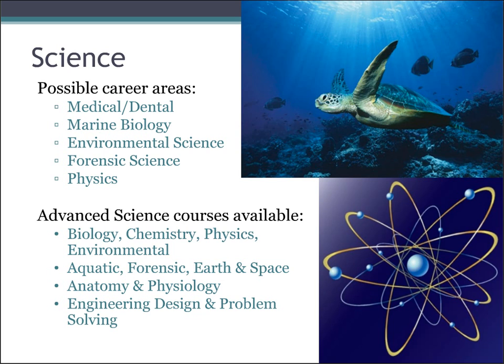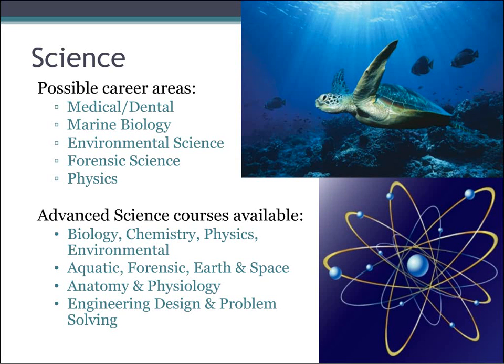Some of the advanced science courses that are available if you're interested in getting that 4th science credit: you can take biology, chemistry, physics, environmental science, aquatic science, forensic science, earth and space, anatomy and physiology, engineering design, and problem solving. So remember, forensic science has to do with CSI, when you watch those crime movies where they're trying to solve a case and checking out the scene and things like that.